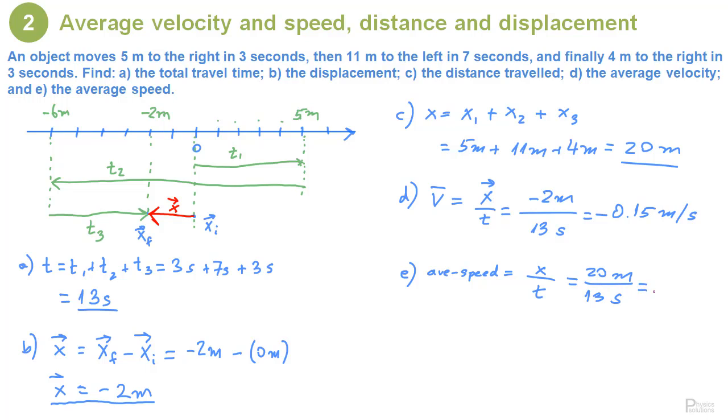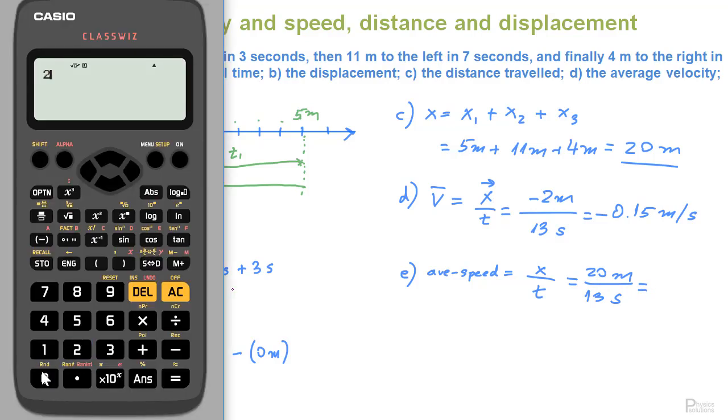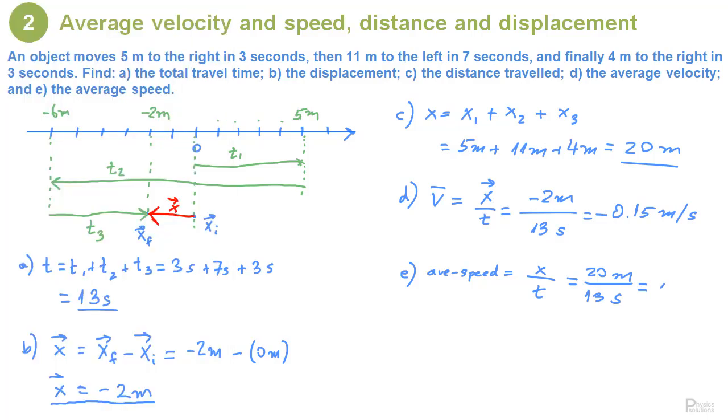Again, we plug these numbers in our calculator. 20 divided by 13 is 1.5. 1.5, once again, meters per second, because we have units of length divided by unit of time, that's meters per second. And that is the average speed.